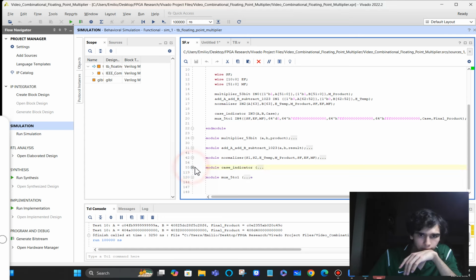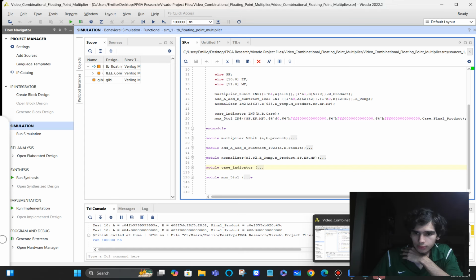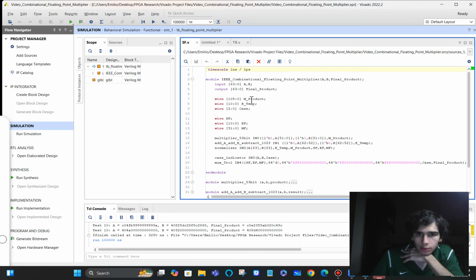So that is how you would build a floating point multiplier in hardware.